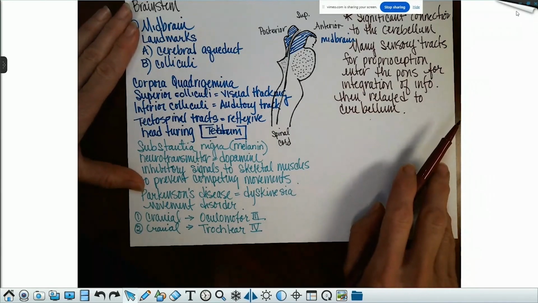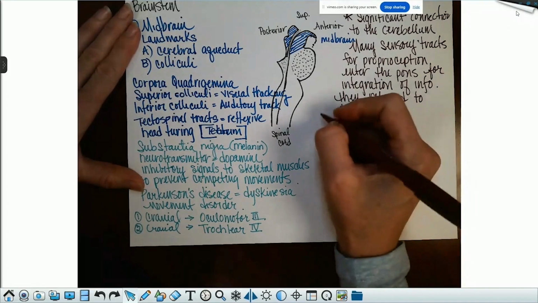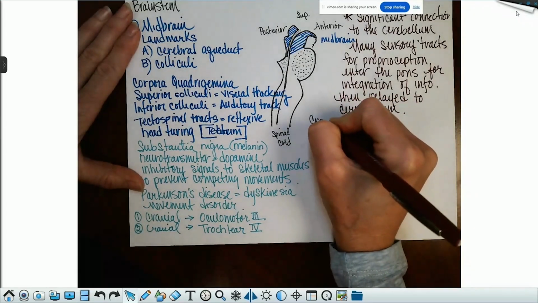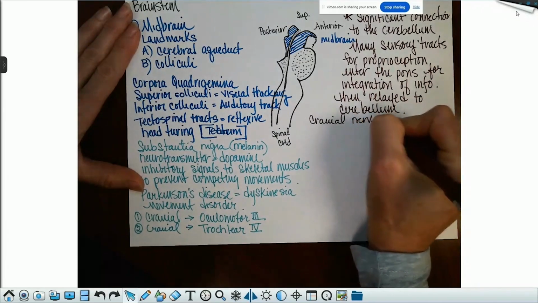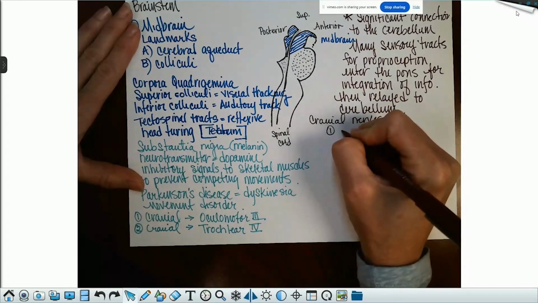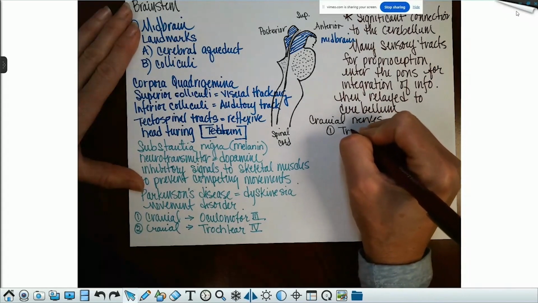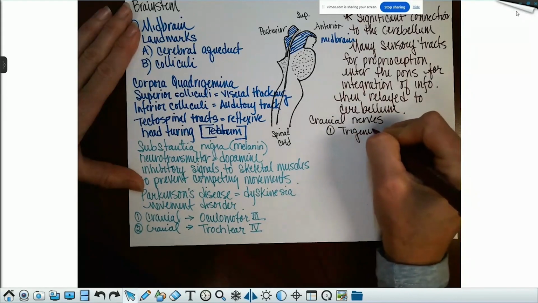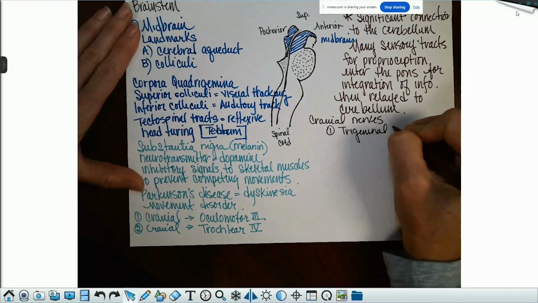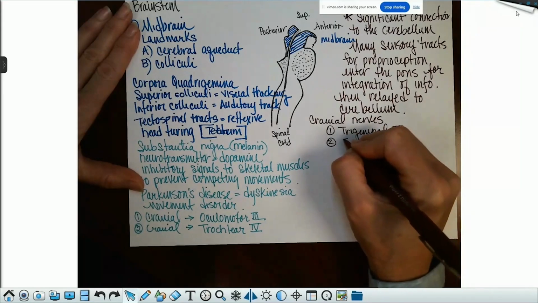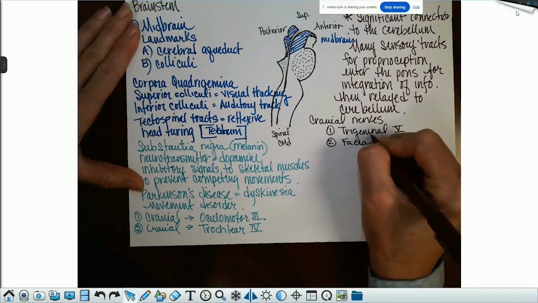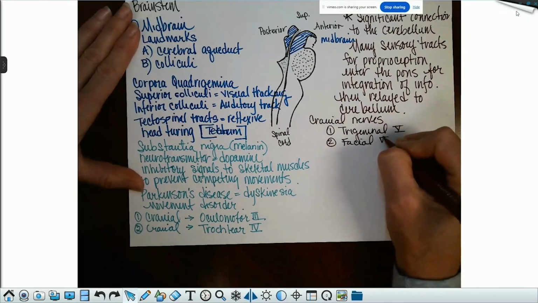There are several cranial nerves that are associated with the pons. So let me go through these. The trigeminal. So this is cranial nerve number 5. The facial, cranial nerve number 7.